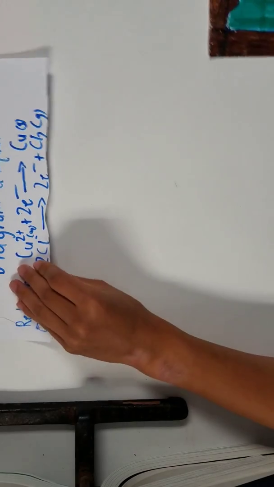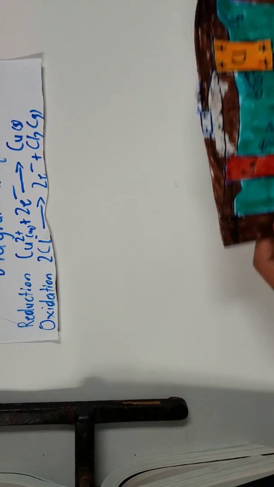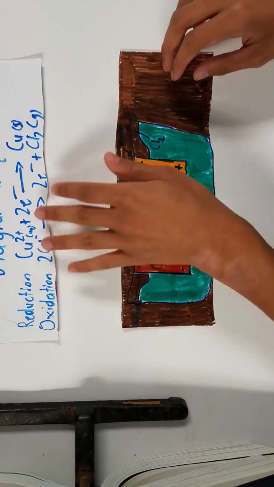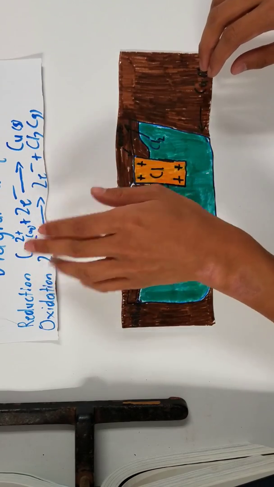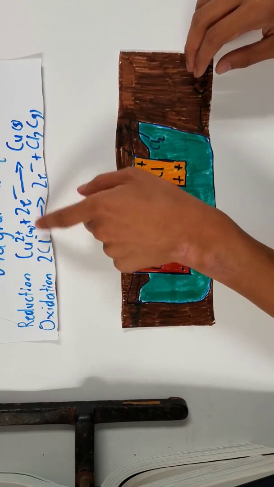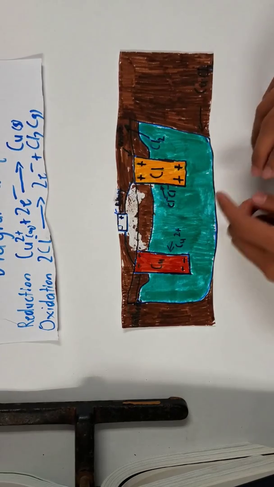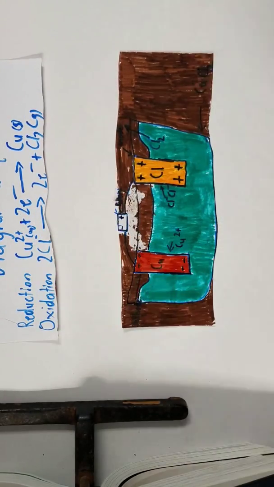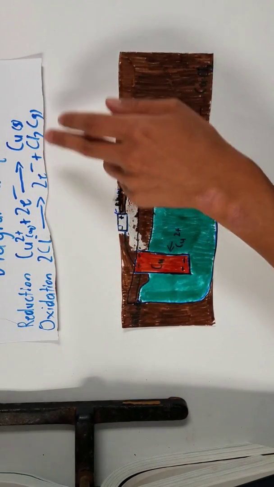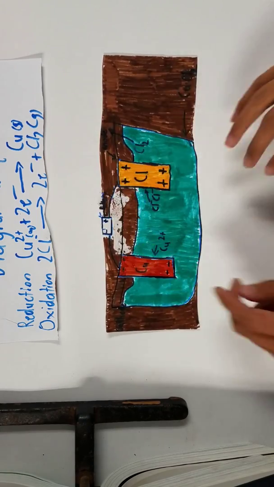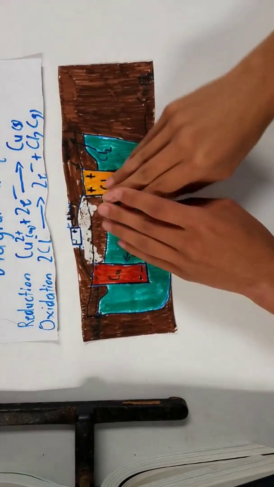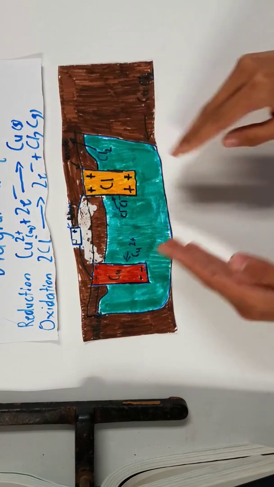Right now, we have a diagram and some equations. These reactions show the reduction reaction and the oxidation reaction. As you can see here, the copper is gaining electrons, and chlorine is losing them. This diagram here is an electrolytic cell.